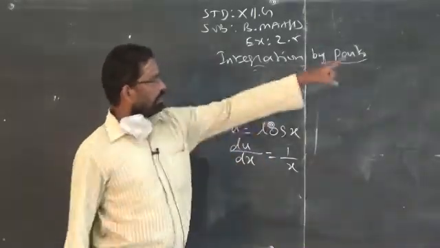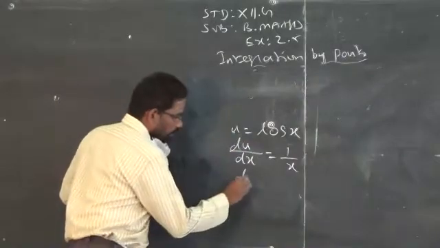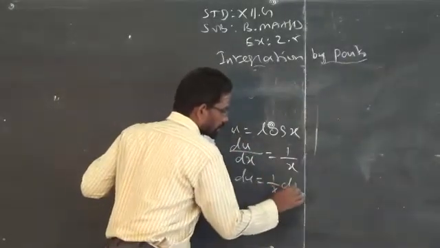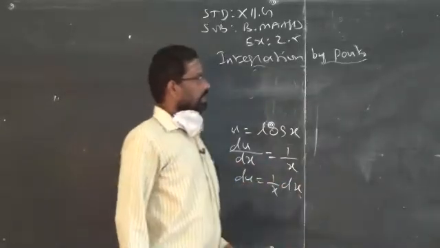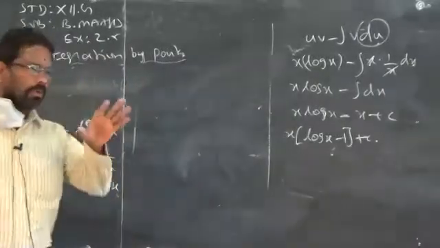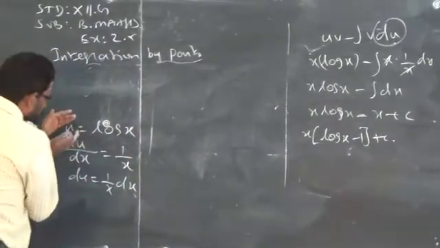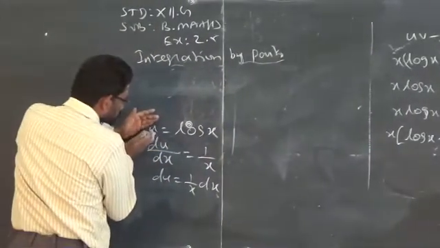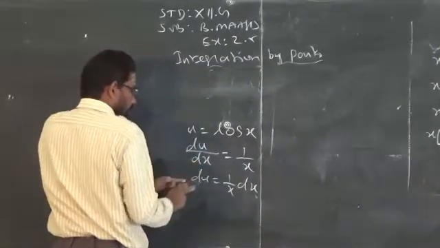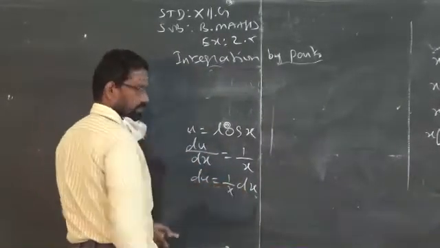But according to the formula, I need only du. So I keep du on the left side. When I transfer the dx to the right side, the denominator will always become the numerator. That is what I am writing here, 1 by x dx. Clear? So do not be confused. You are differentiating the function u with respect to the x variable. I skipped the steps and wrote directly du is equal to 1 by x into dx.